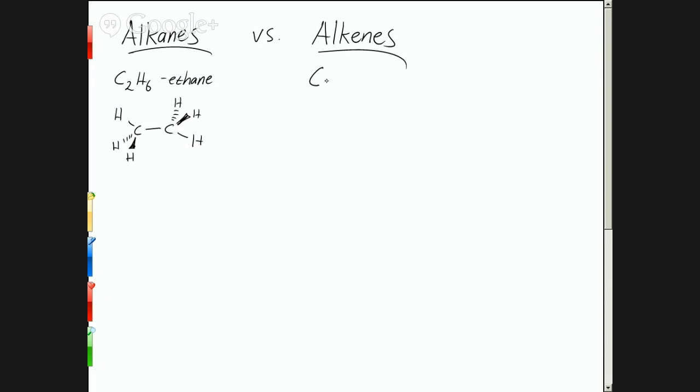And then with the alkene, when we add that double bond, we now have C2H4, and we call that ethene instead of ethane. But because it's a common molecule, we often refer to it by its more common name, which is ethylene, rather than ethene.